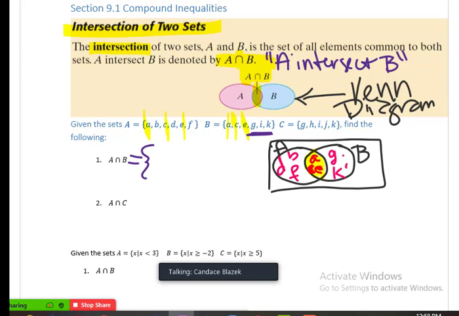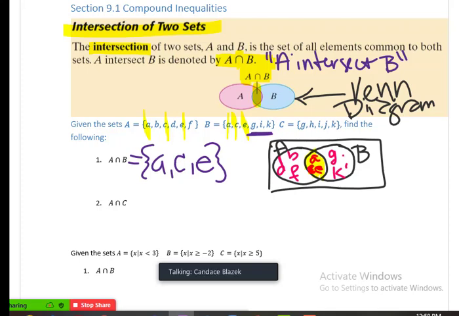That means it's part of a set, right? And the set contains those three elements that are in that yellow overlap, A, C, and E. Then close the curly bracket.